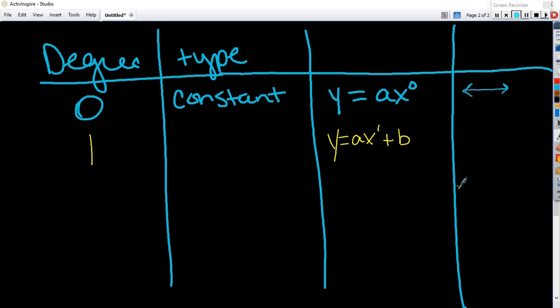It should look like something to you. Ax plus b. Mx plus b. Absolutely. It looks like the equation of a line. This is a linear function.